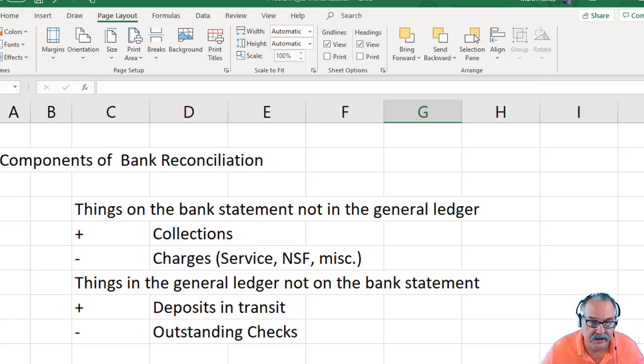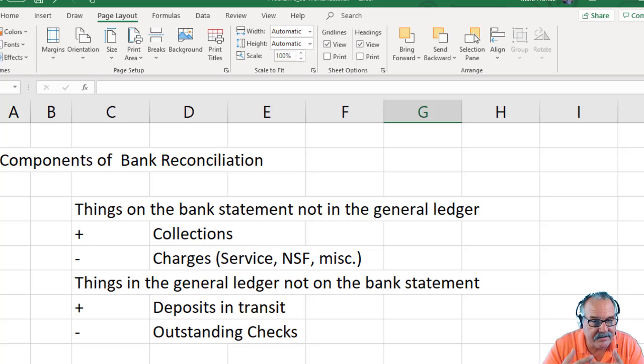They don't know what checks you've written. They only know what checks have cleared or come and been presented for payment. So they're sending a statement based on the things that they know have happened. We also have the general ledger, which has a list of things, deposits that we've made and payments that we've made. So cash in, cash out.